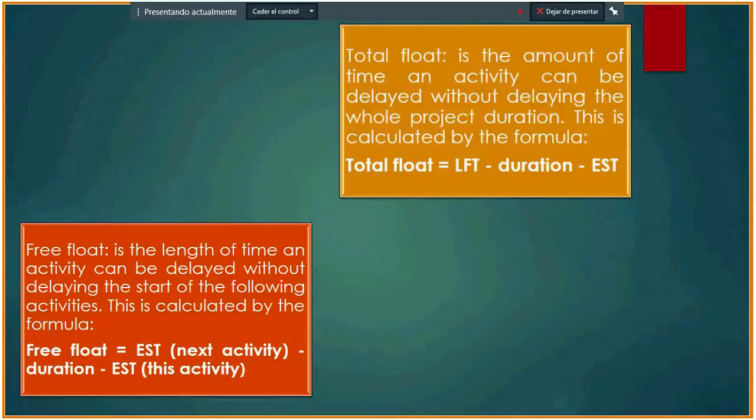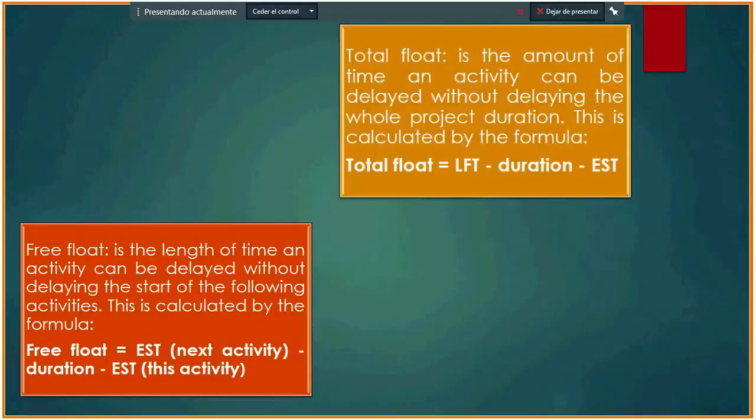This is calculated by the formula: free float equals IST of the next activity minus duration minus IST of this activity.